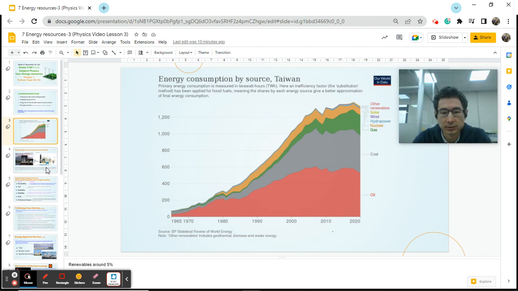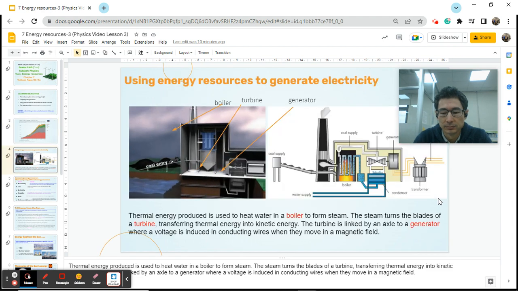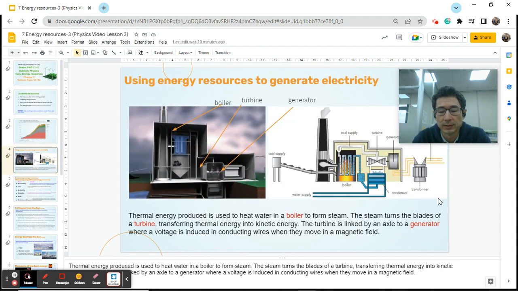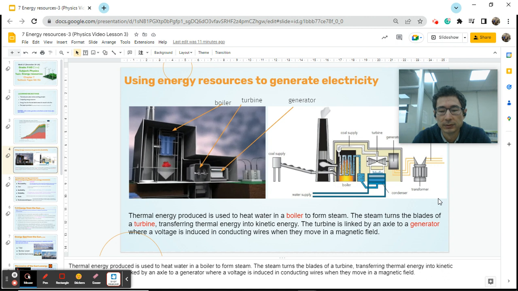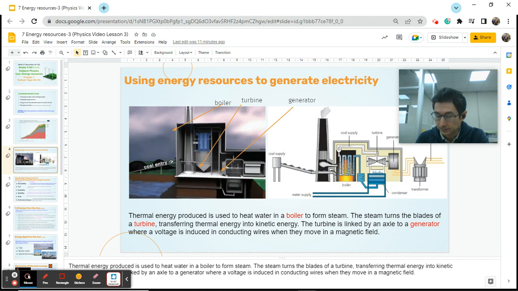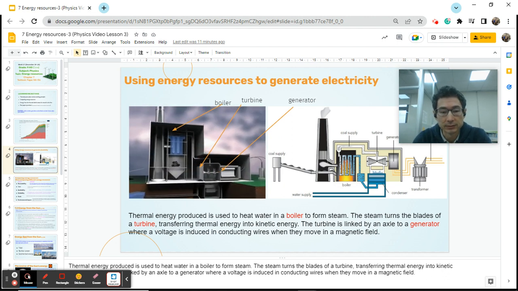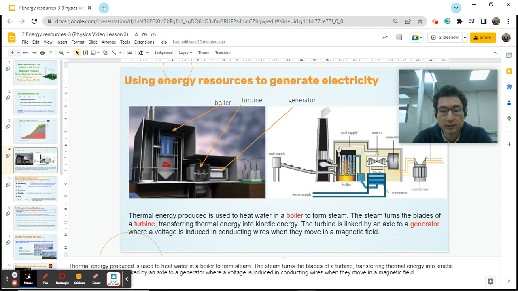Right, let's talk about the thermal power station, how it works. Thermal power stations have main compartments, which are the boiler, turbine, and generator.